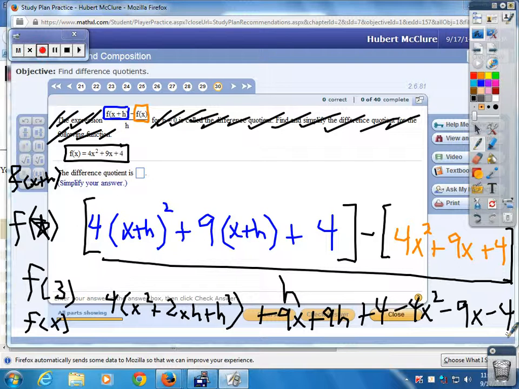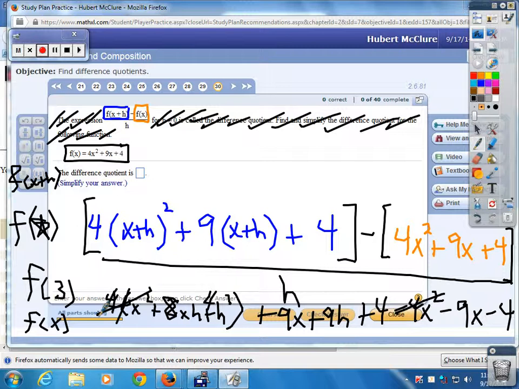And then what does this turn out to be? 4x squared plus 8xh plus 4h squared. And what happens to the 4x squared? They cancel.